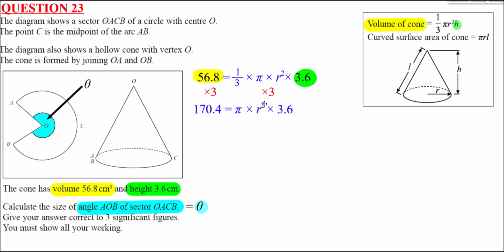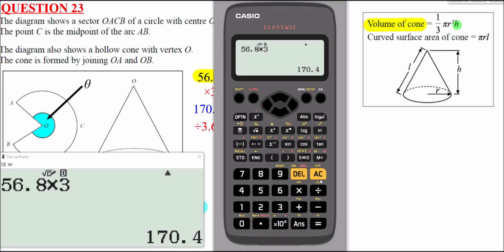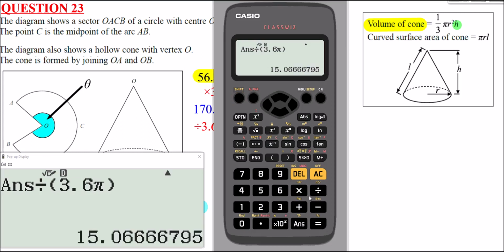We want to have r squared on its own, so we can divide through by pi and get rid of this 3.6 by dividing by that as well. So we can divide by 3.6 pi on both sides. So if we do that next, just have r squared on its own, take this and divide by 3.6 pi, gives us 15.0666 and so on.